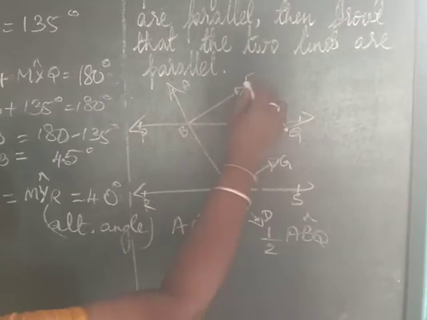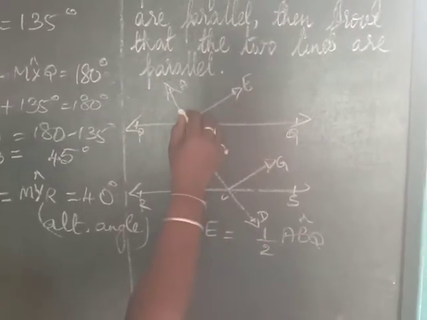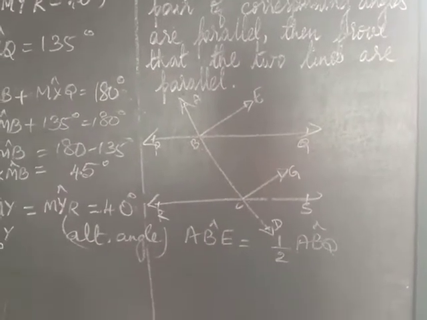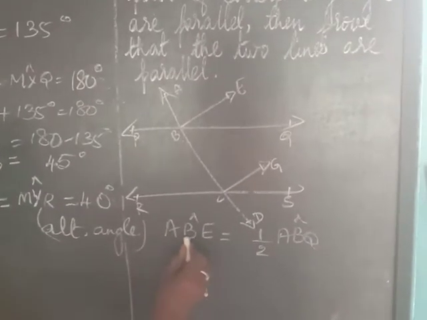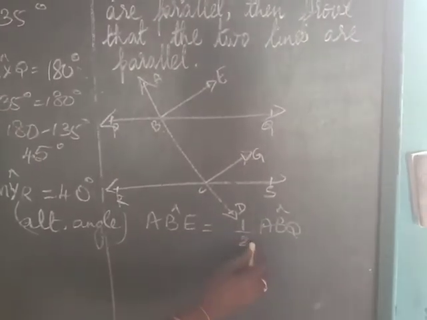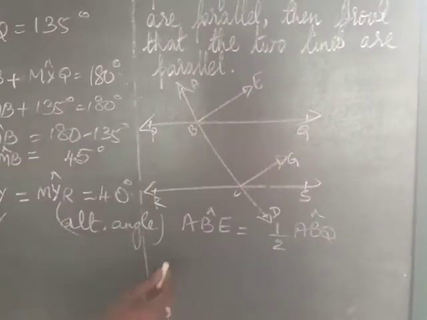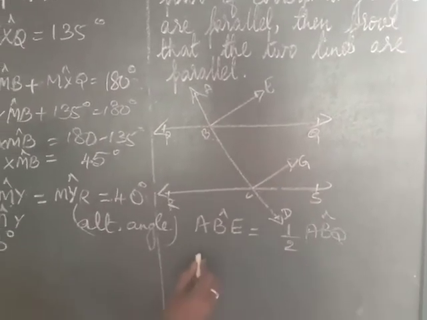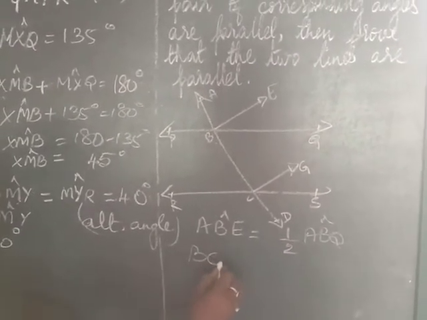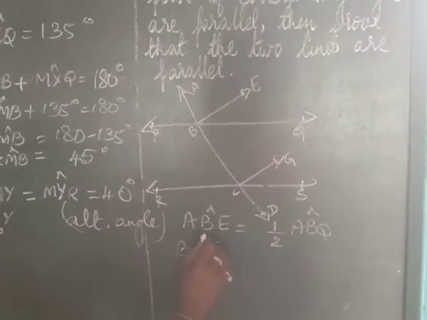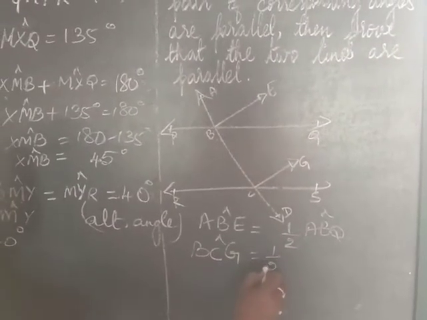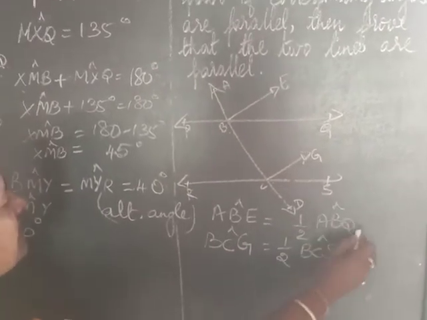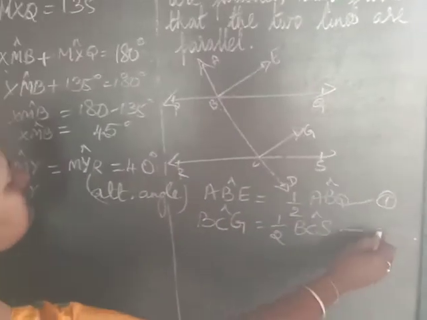Dividing the whole angle into equal angles. Similarly, since CG is a bisector of BCS, angle BCG is equal to 1/2 times BCS. Let us call these 1 and 2.